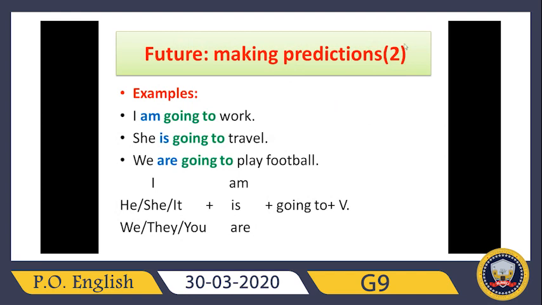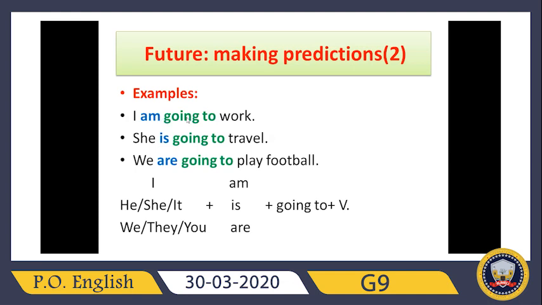Now let us see what we have then. Making predictions part 2. Here I will use going to, not will. Okay, going to, not will. The same meaning, but here is another picture of the future. We can use will, we can use going to. As here, I am going to work. Why do I use am?